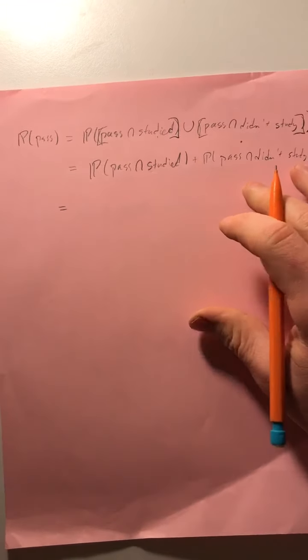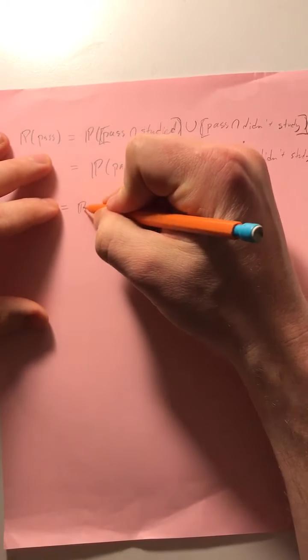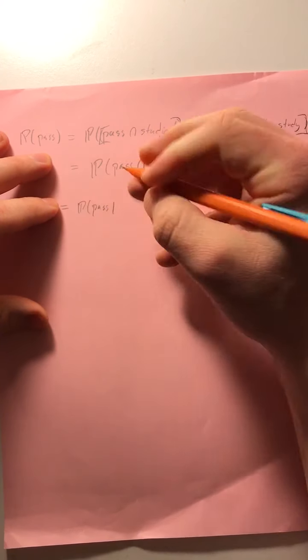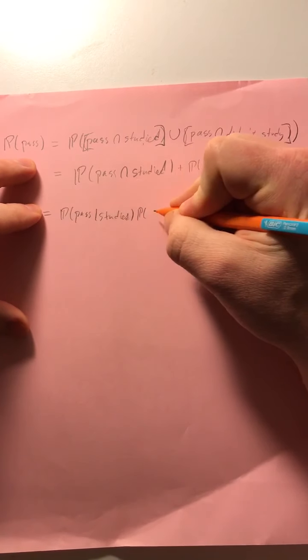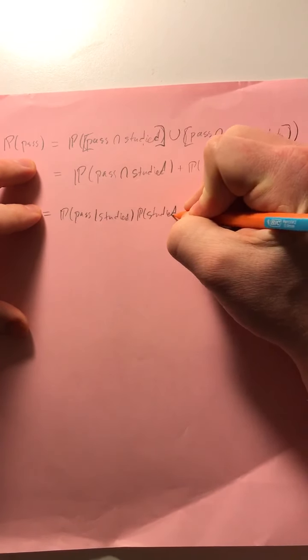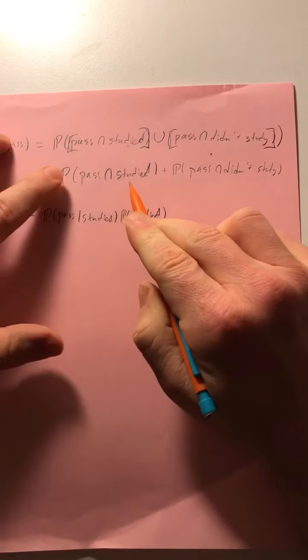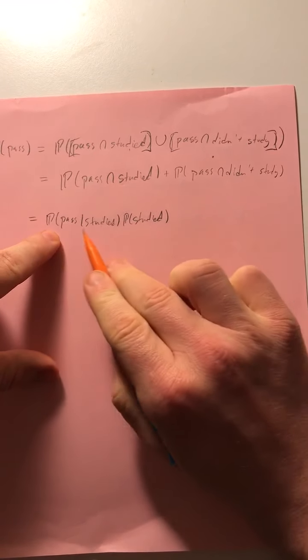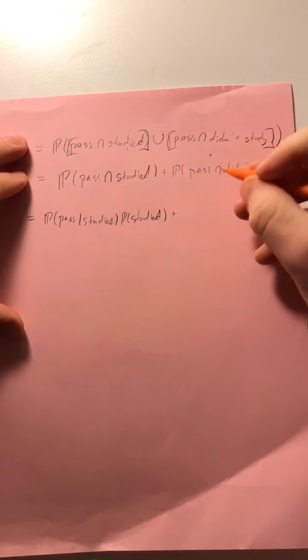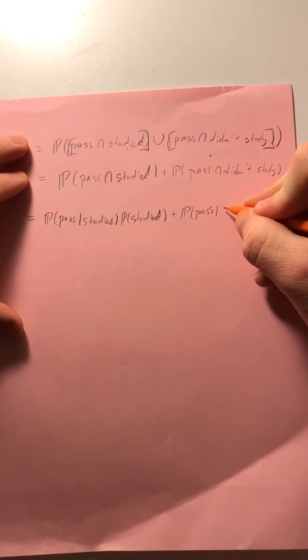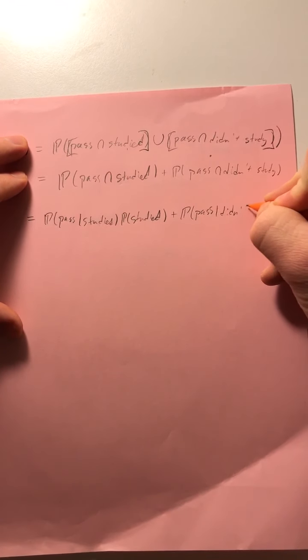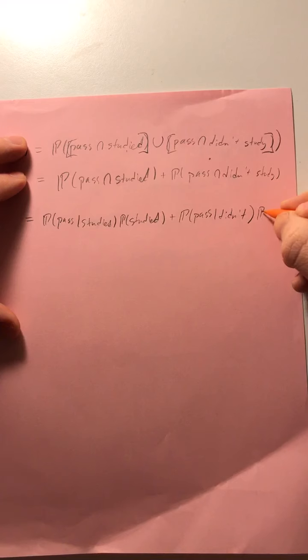So I want the probability that you passed given that you studied, times the probability that you studied. And this is equal to this, just by the definition of the probability you passed given that you studied. Over here we do the same thing: the probability that you passed given that you didn't study, times the probability that you didn't.